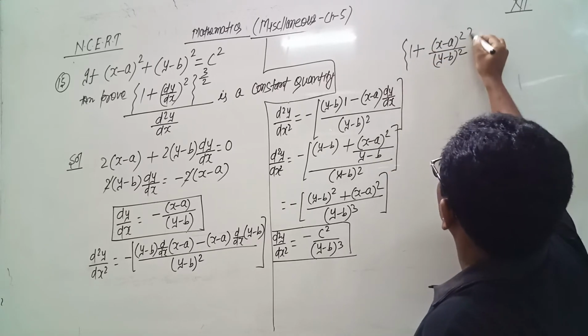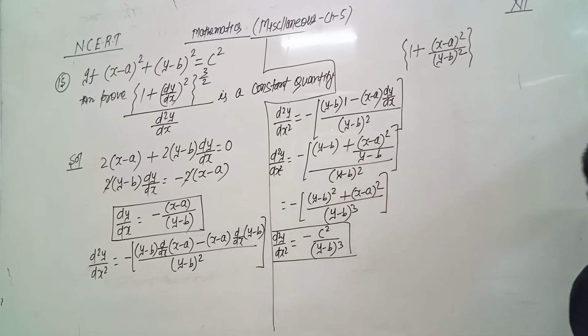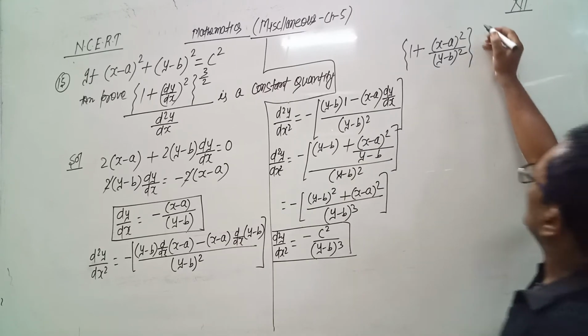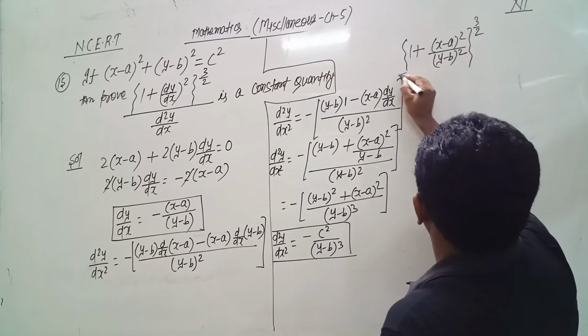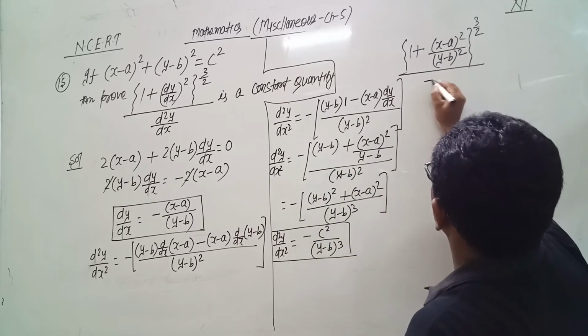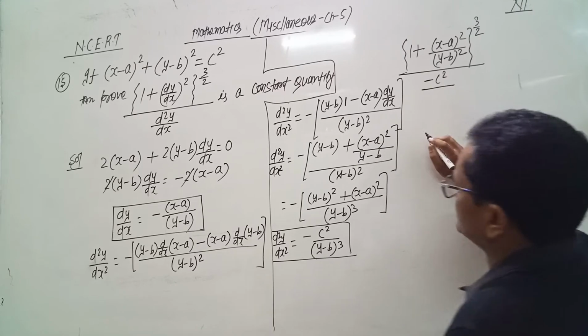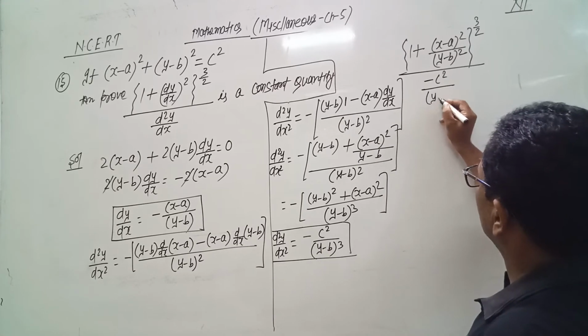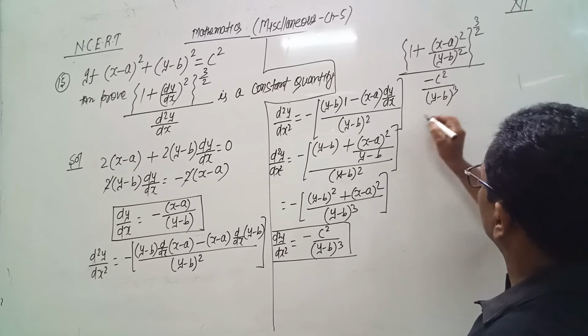So this is 1 plus (dy by dx) the whole square, and whole raised to the power 3 by 2 upon d2y by dx square. The value of d2y by dx square is minus c square upon (y minus b) the whole cube.